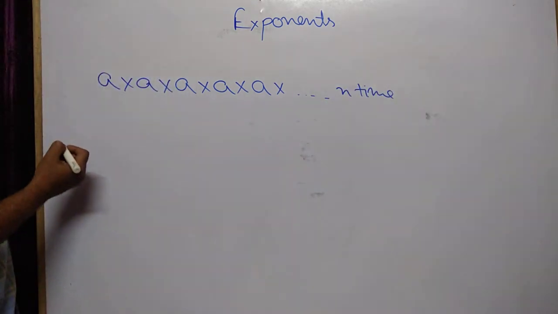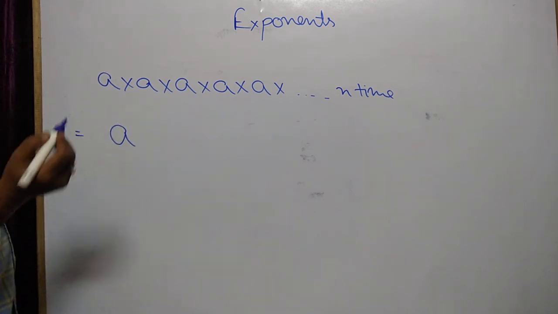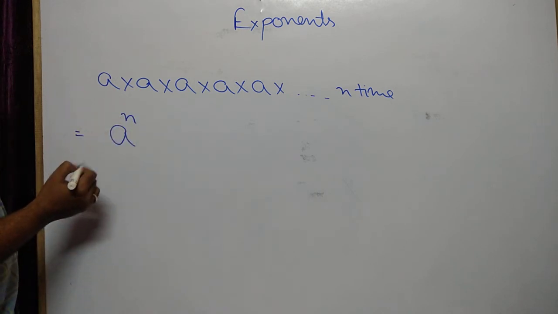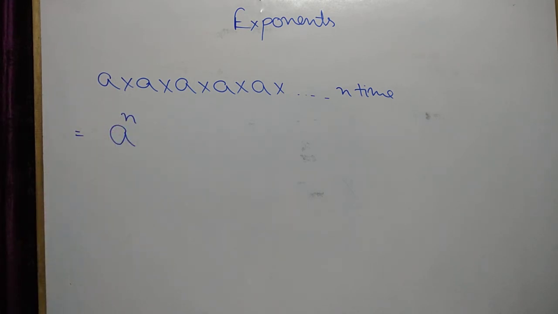What does it mean? It means a multiplied by a up to n times. So we can write a to the power n, where a is the base and n is the exponent. Hope this is clear to you.